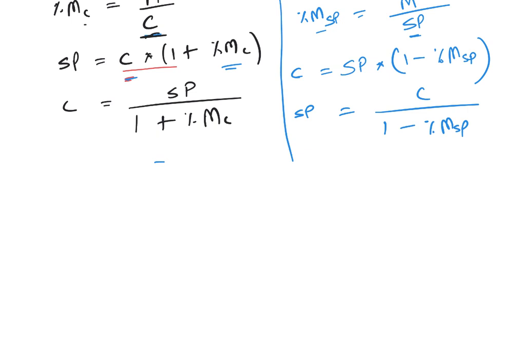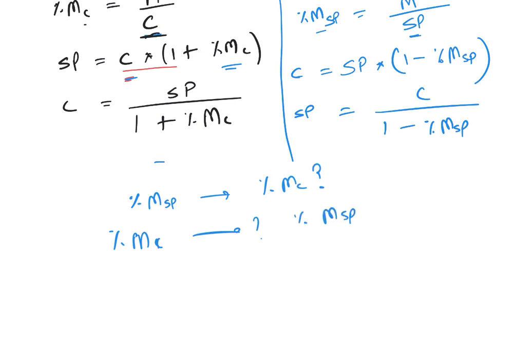So now, suppose you're given the percentage markup based on selling price, how do you get the percentage markup based on cost? Or conversely, if you're given your percentage markup based on cost, how do you get your percentage markup based on selling price?